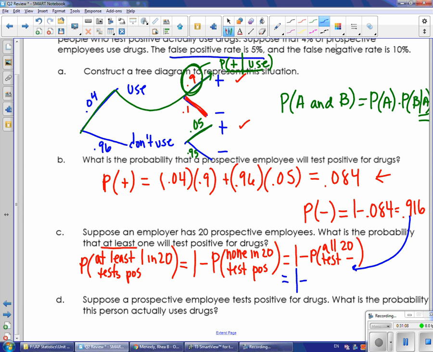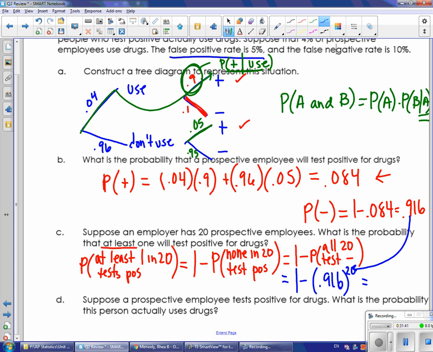So it's going to be 1 minus, well, if all 20 people test negative, that means the first person tested negative, and the second one, and the third one, and the fourth one, and the fifth one, and the sixth one. So with and, I multiply. And if we assume that we have independence between the different employees, then I can multiply all those probabilities together. So that would be like doing 0.916 times itself 20 times, or simply taking 0.916 to the 20th power.